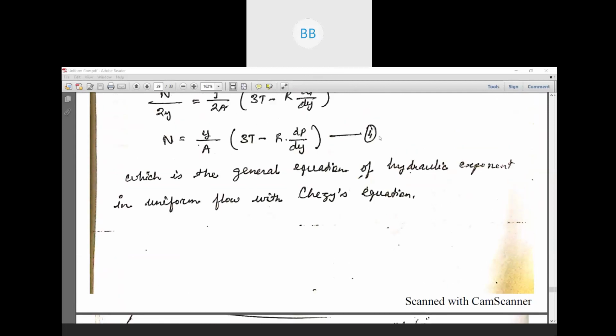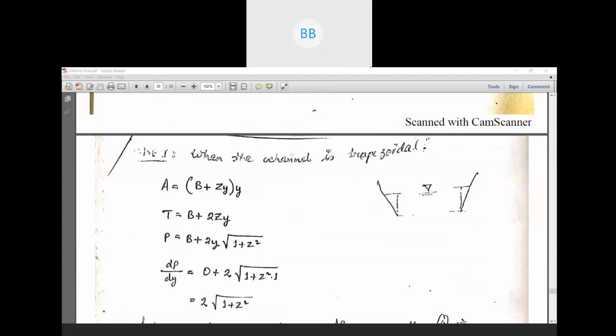Now after the general equation, you can also see that when the channel is trapezoidal, then our area equation, top width, again, this is your B plus ZY. We have already discussed those things.